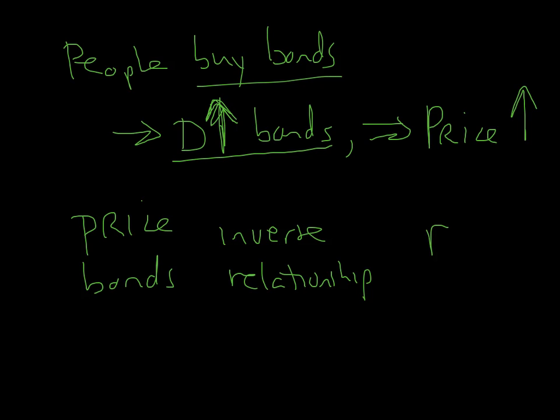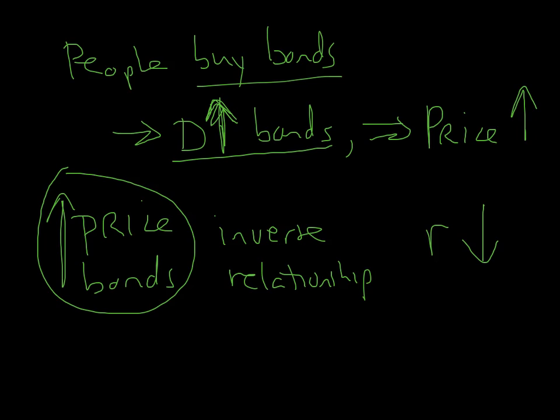So if the price of a bond increases, the effective interest paid on that bond is going to decrease. So a quick example of that. Suppose you buy some bond, to show the inverse relationship. Suppose you buy some bond that's paying 5%.